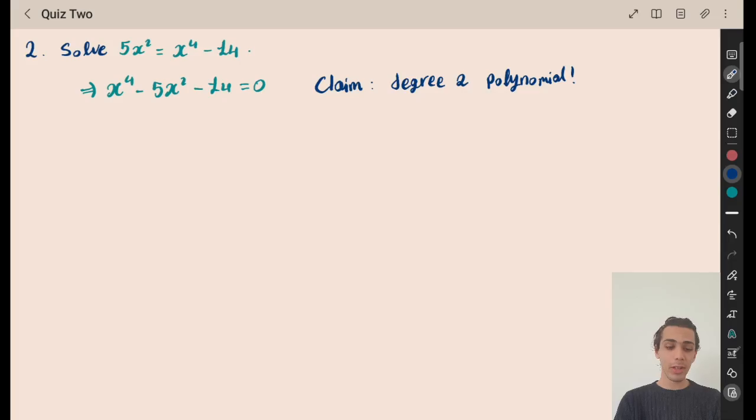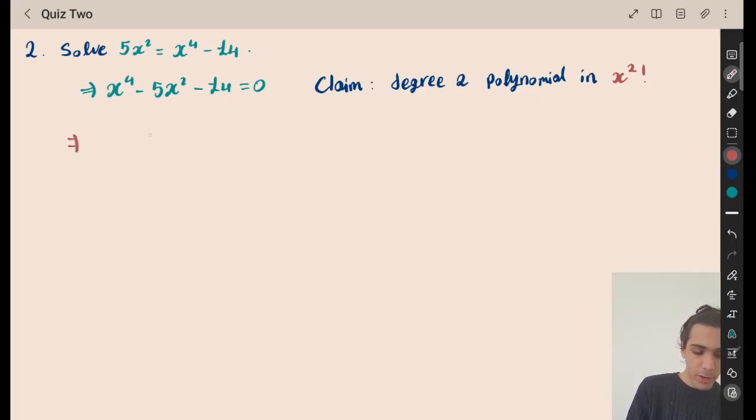It's a very strong claim because here I only see 4s. You probably also see it. But the keyword here is polynomial in what? So this is actually a degree 2 polynomial in x squared. And I know that's a bit weird, but just give me a moment.